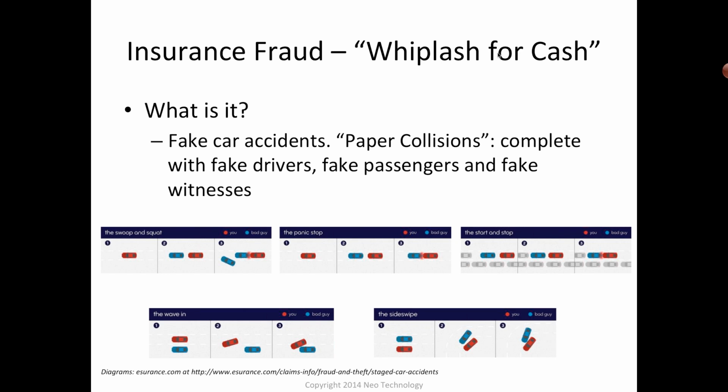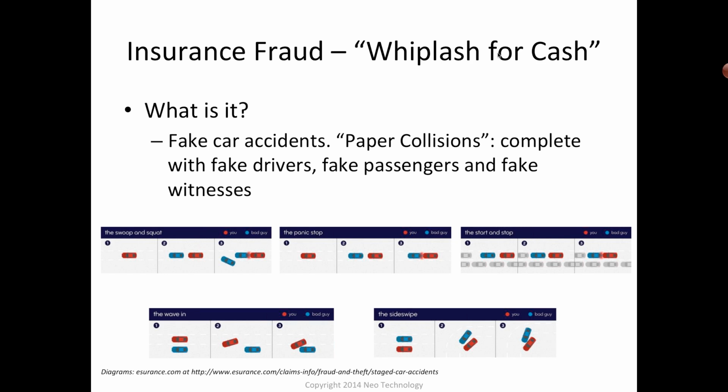And lo and behold, there were 30 insurance agents in the bus. Within a few days, they had 70 claims from people who claimed to have been hit by the bus, were in the bus, and somehow wanted to get cash from this accident, which was a totally invented, staged accident. So people are fast to jump into this whiplash for cash scheme.